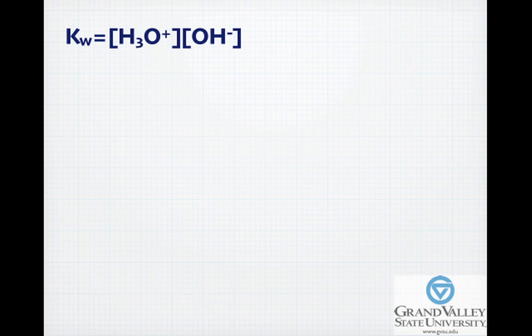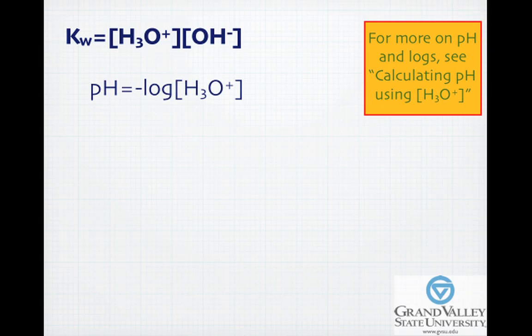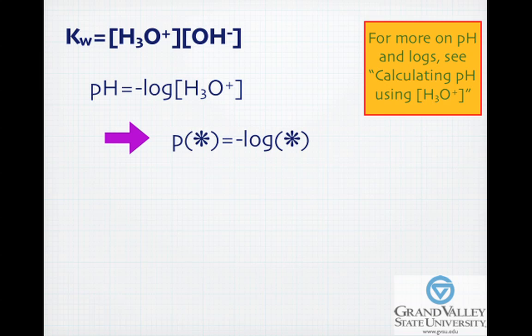Just to recap, the Kw is equal to the concentration of hydronium multiplied by the concentration of hydroxide. To calculate pH, we have to take the negative log of the concentration of hydronium. That's because the P of anything is equal to the negative log of that same anything. So if we were to take the negative log of the concentration of hydroxide, we'd get the pOH.